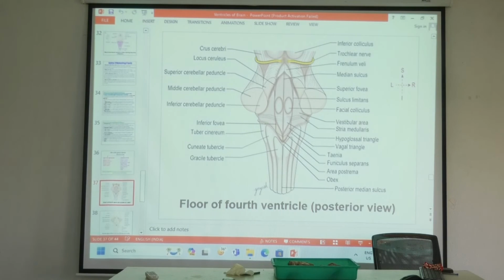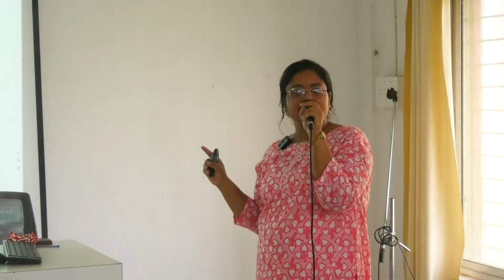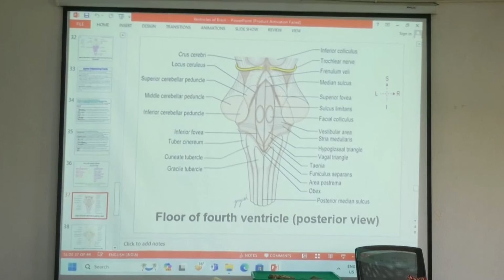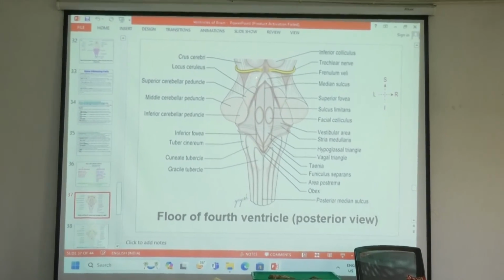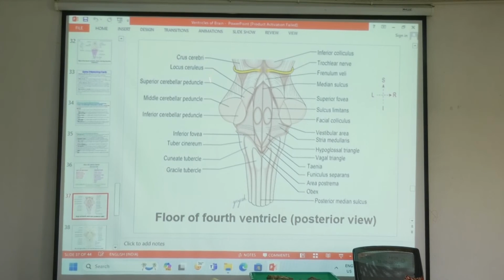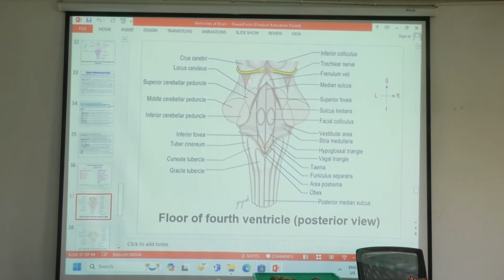Deep to these facial colliculi lies the abducens nucleus, that is the sixth nerve nucleus, surrounding which lie the fibers of the seventh nerve or facial nerve. The internal genu is present over this area, over the facial colliculus. In the upper part of the sulcus limitans is a triangular area known as the superior fovea, and here one blackened discoloration you can see, that is known as the locus ceruleus.